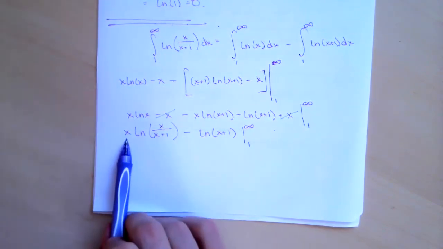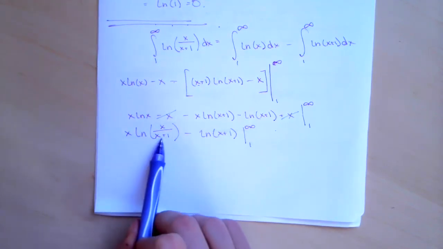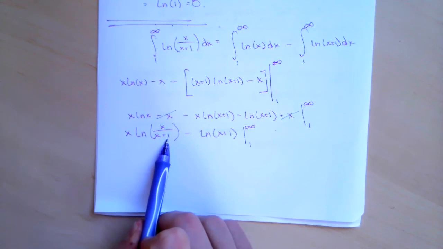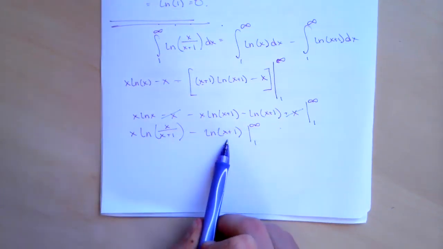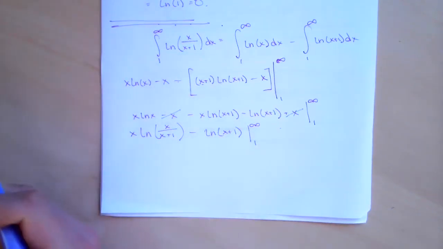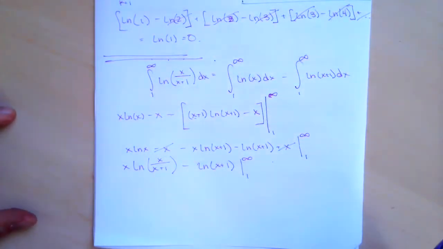You would have to deal with this infinity times 0, because infinity times 0 could go off to infinity, or it could be finite. And if it did go off to infinity, then we'd have infinity minus infinity, and we'd have to deal with that indeterminate form. So you're seeing how much of a mess this problem is to do properly.